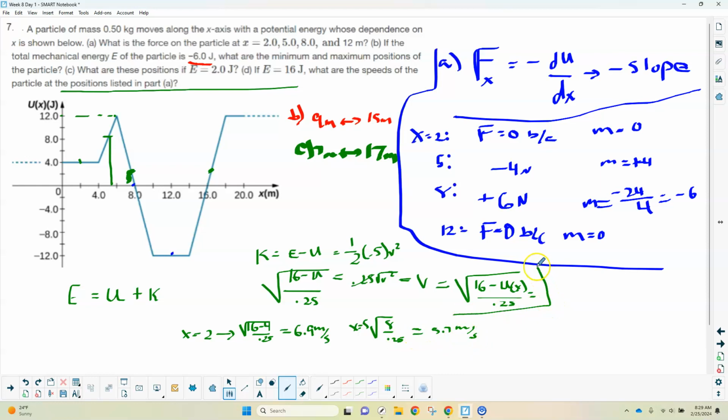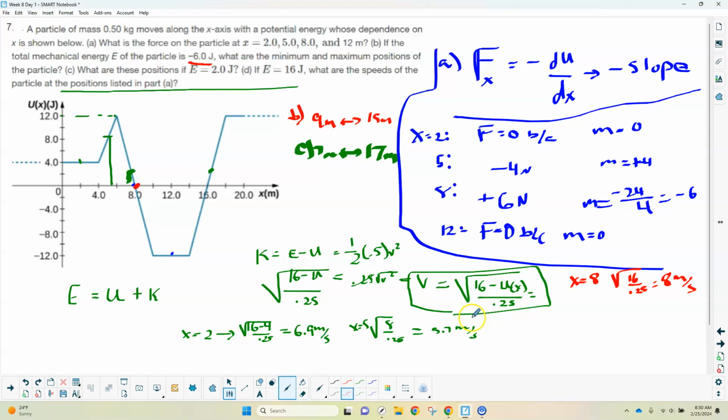It's basically repeating this process over and over with the different U values. When I was at x equal to 8, I'm at 0, so all of it is kinetic energy. The potential energy is 0 at x equal to 8, so it would be the square root of 16 divided by 0.25, which is 8 meters per second.